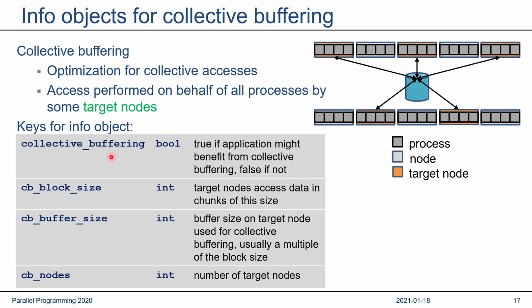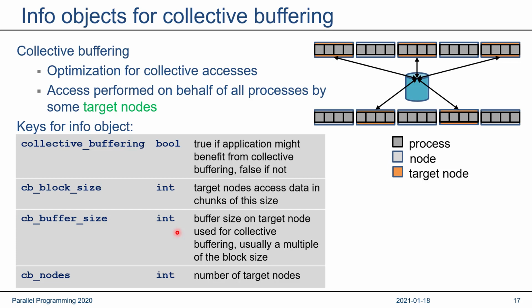There's this collective buffering key, which can be true or false. You set it to true if you know that your application might benefit from collective buffering. CB block size specifies the chunk size in which the target nodes access the data. CB buffer size is the size of the I/O buffer used on the target node for this buffering facility.